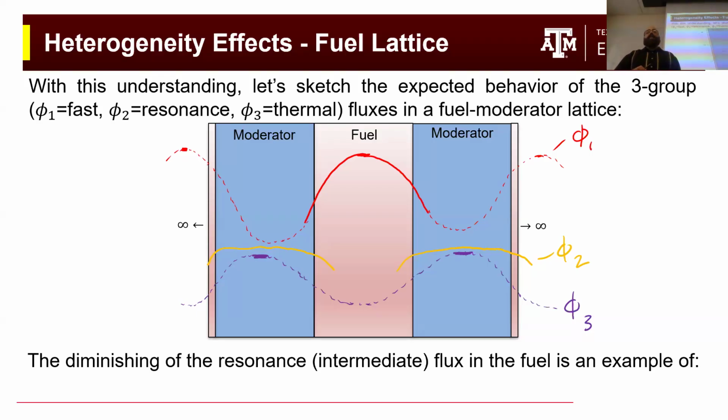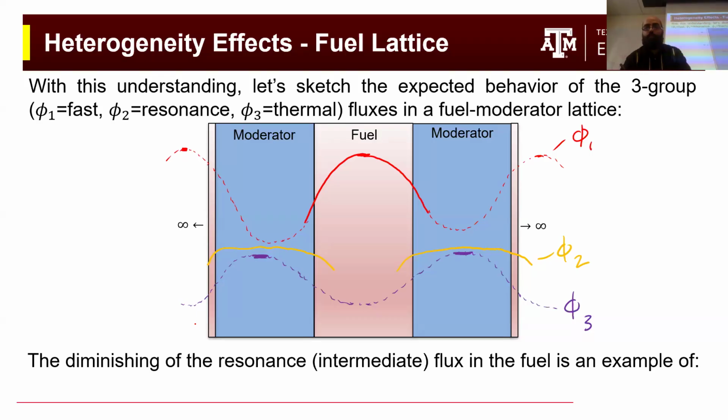And so that is the way this illustration works, especially for the intermediate flux. Notice that as my intermediate neutrons go into the fuel, they basically get absorbed by the outer fuel atoms, and the fuel atoms in the middle of the fuel don't really see hardly any of the intermediate flux. So the outside fuel self-shields the fuel on the inside from the intermediate flux.